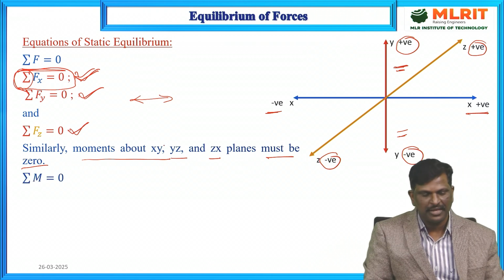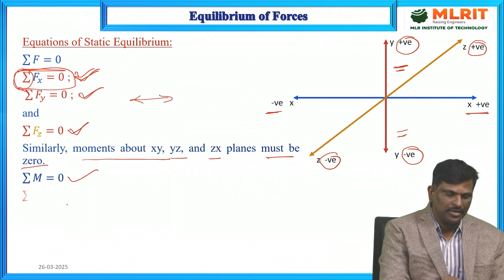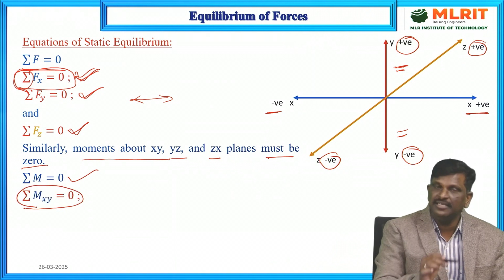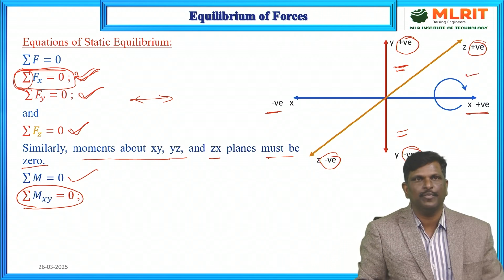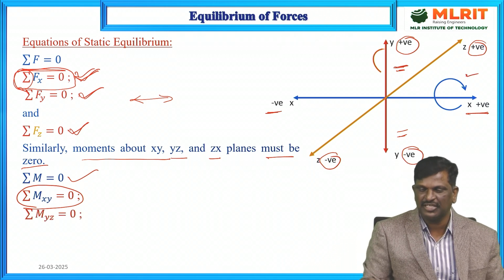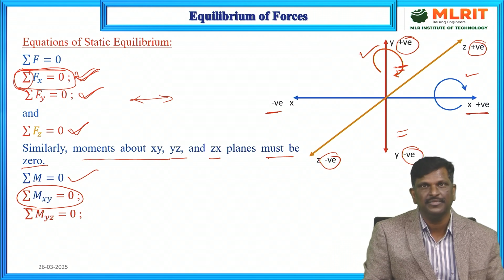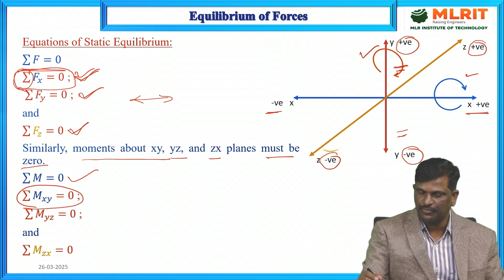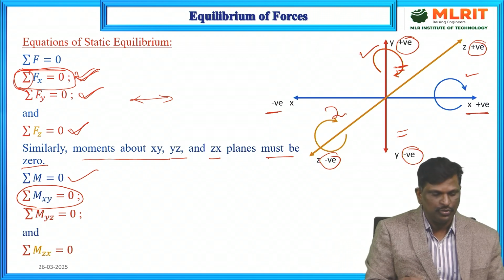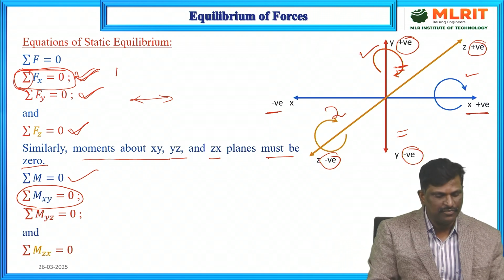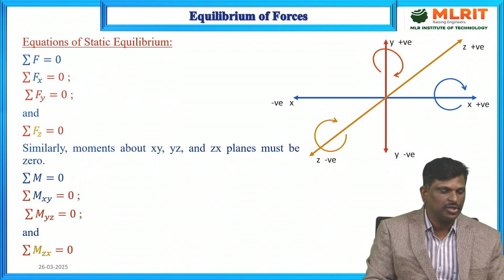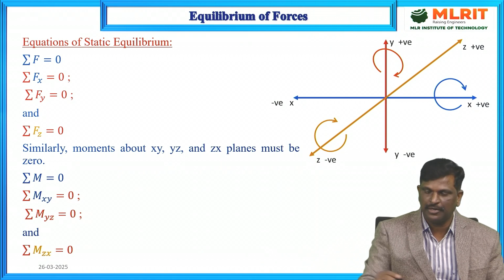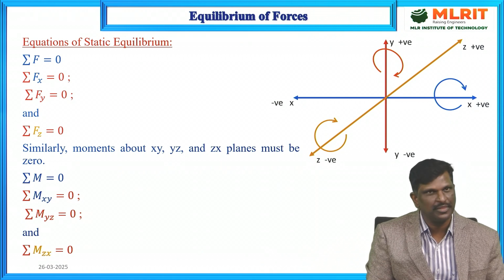Moment about the xy plane must be 0, and moment about the yz plane must be 0, and moment about the zx or xz plane must be 0, right? So these 6 equations are called equations of equilibrium when the body is acted upon by forces or moments in all the 3 mutually perpendicular directions.